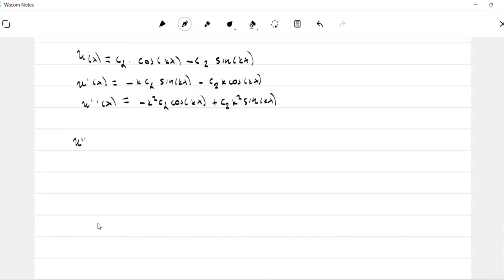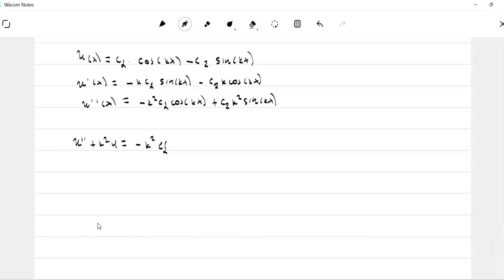I have u double prime plus k squared u, I just substitute, and I want to verify that this is equal to 0. So I substitute the second derivative of the function and the function u and check.